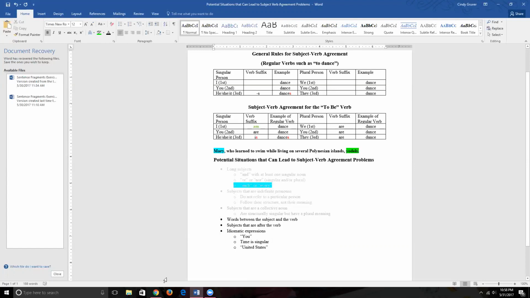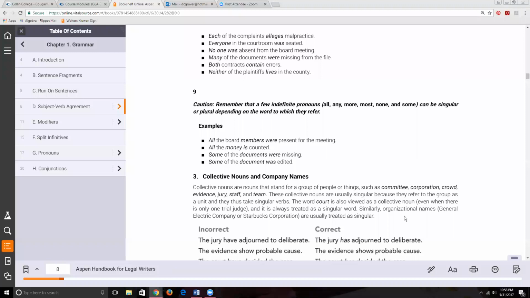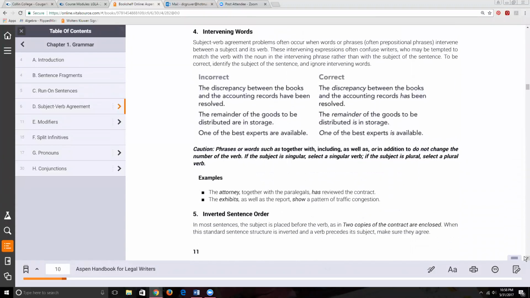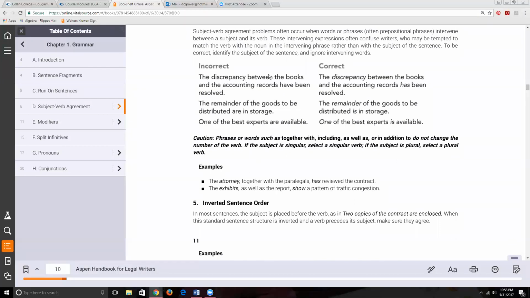Let's look at the textbook, for example. I see we need to look for some more examples. Let me scroll down here. The discrepancy between the books and the accounting records have been resolved. That's incorrect because, let me highlight it, this is our subject, discrepancy, a singular word, but this is plural.